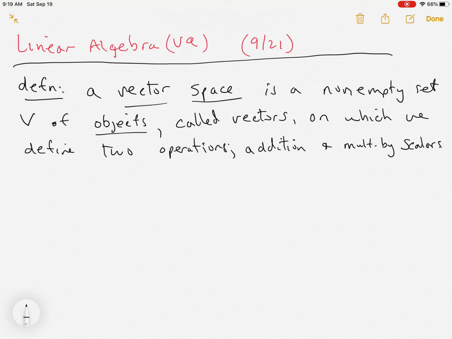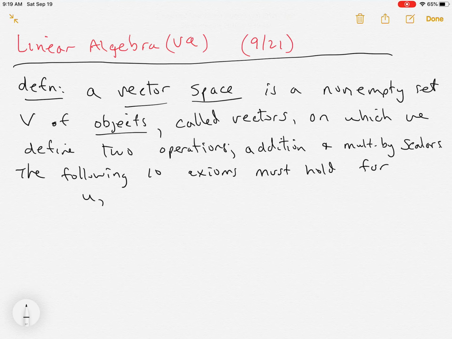Okay. And the following 10 axioms must hold for vectors u, v, and w, and scalars c and d, which are just real numbers.